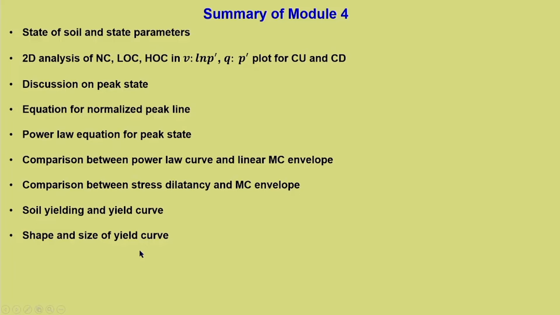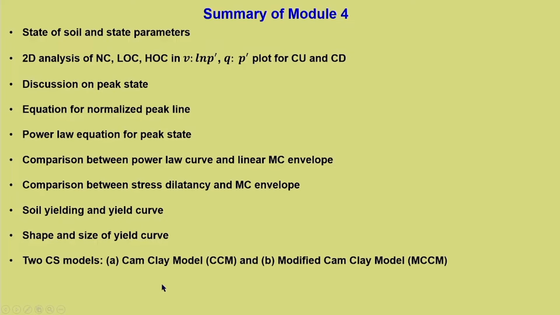Then we discussed the shape and size of the yield curve, where we have seen different types of shapes, where the logarithmic spiral was one and the other prominent one was the ellipse. Now there are different other models which are critical state models and modified versions of even modified Cam clay, including various features.